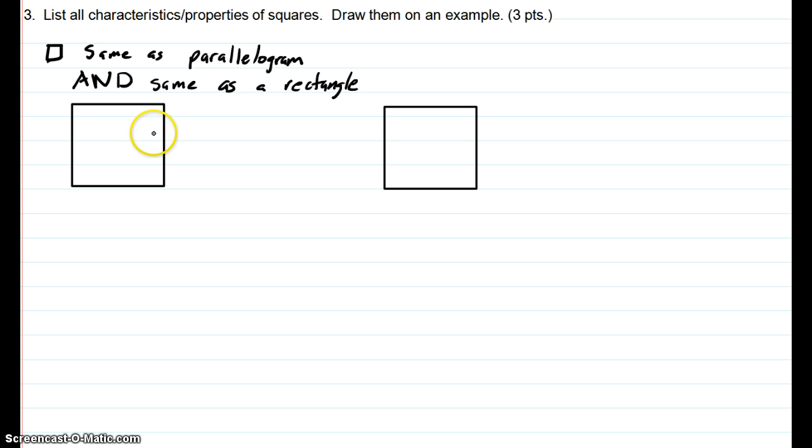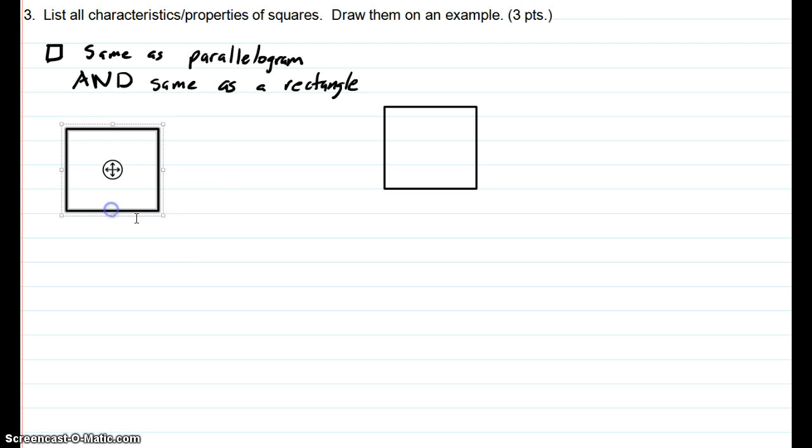So that means that the opposite sides are congruent. That means the diagonals bisect each other. So everything that was true for a parallelogram is also true for a square. And then for the rectangle, remember we learned that the diagonals are congruent. So that means the diagonals of a square are also congruent.